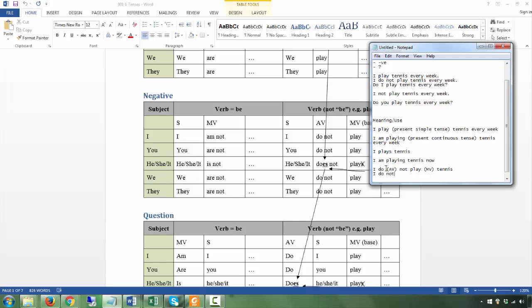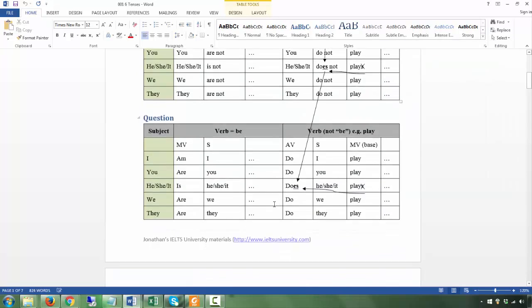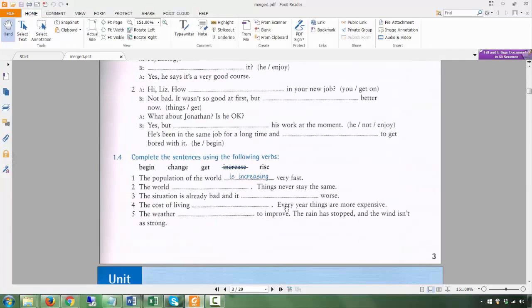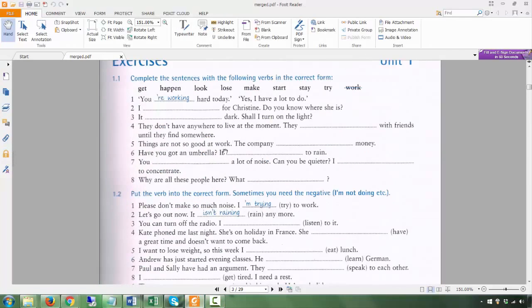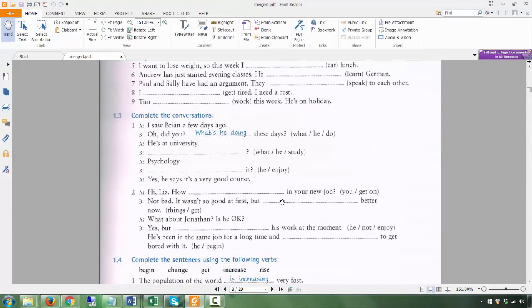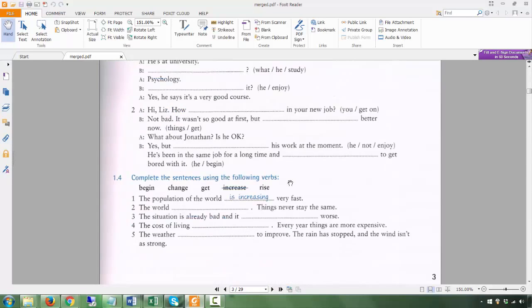So, I do not do my homework every day. Okay, so if you have a sentence like this, don't forget this is an auxiliary verb. It's just there to help you form the tense. This gives you the actual main meaning. Okay, so don't get confused. This is an auxiliary. This is the main verb. Okay, but anyway, going back to present continuous, this is your exercise for present continuous. Just go through this, and in another video I will go through the answers.